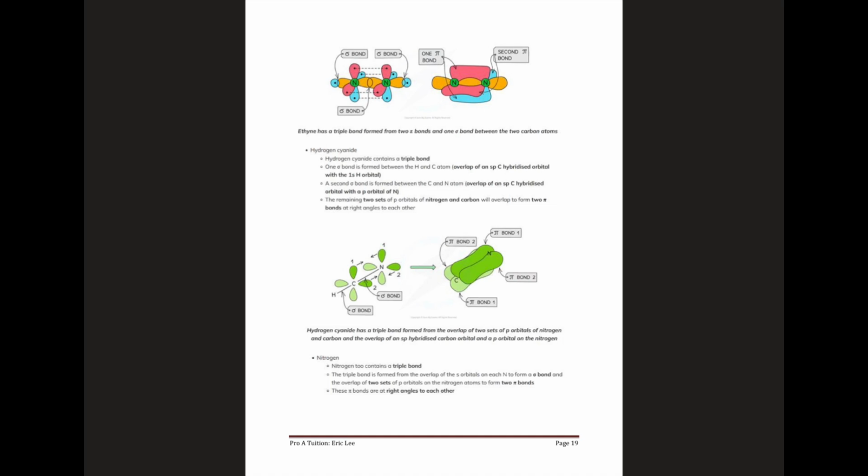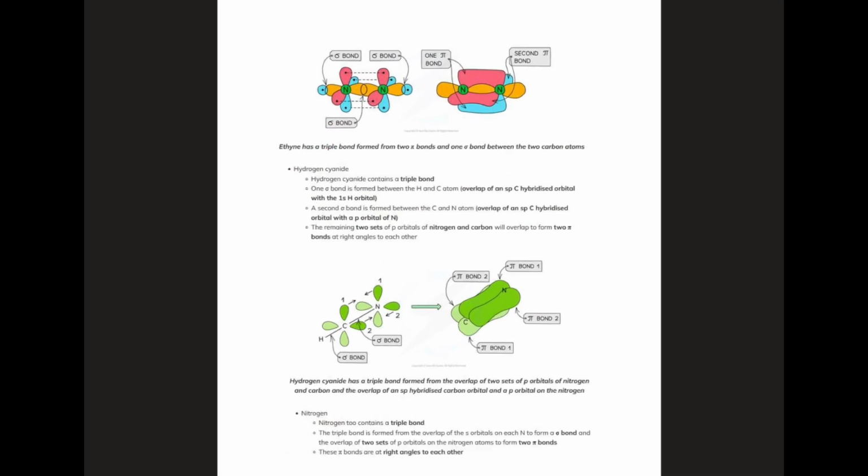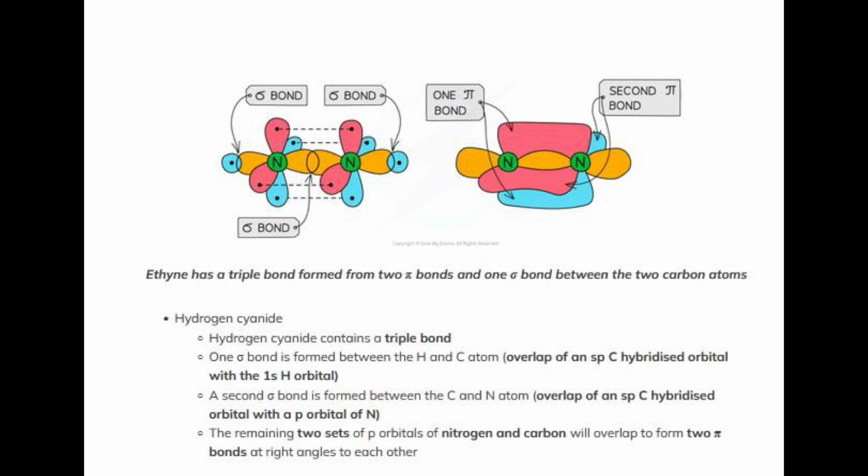Okay, so yes, they show us the pictures. So luckily there is a picture here. Okay, so I can just explain it straight away. So this N is actually the carbon. Yeah, carbon. So 1 sigma bond, 2 sigma bond.